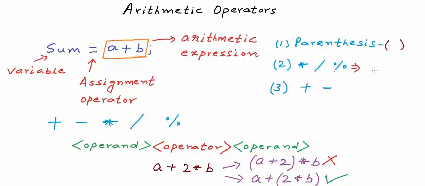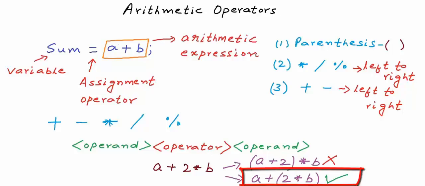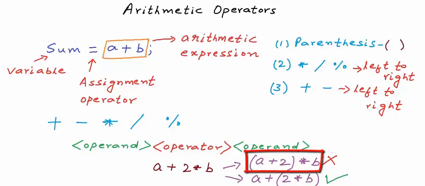If there are 2 operators of same priority, then they are executed from left to right. By this expression a plus 2 into b, what we implicitly mean is a plus and then 2 into b within parentheses. If we want the addition to be performed first, then we must put parentheses explicitly. We should actually write expression like this.